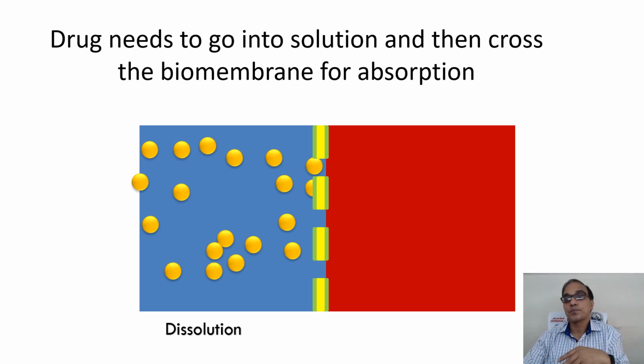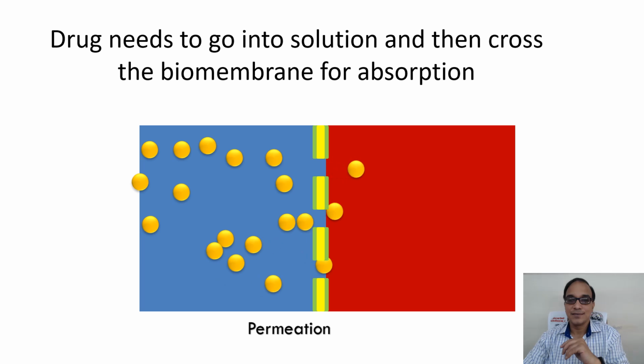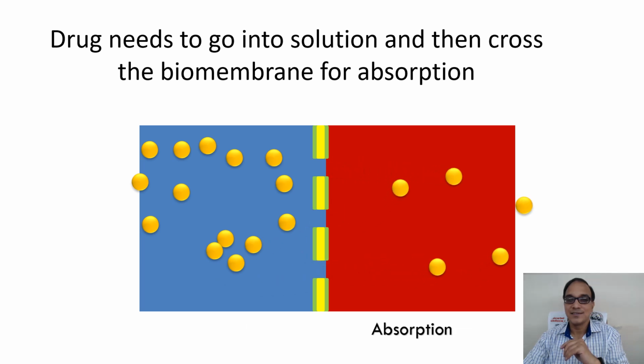Then it passes through the biological membrane, which is the permeation step, immediately followed by absorption. So you got my point: dissolution, permeability, and then absorption. These are the steps for getting a drug absorbed into the systemic circulation.